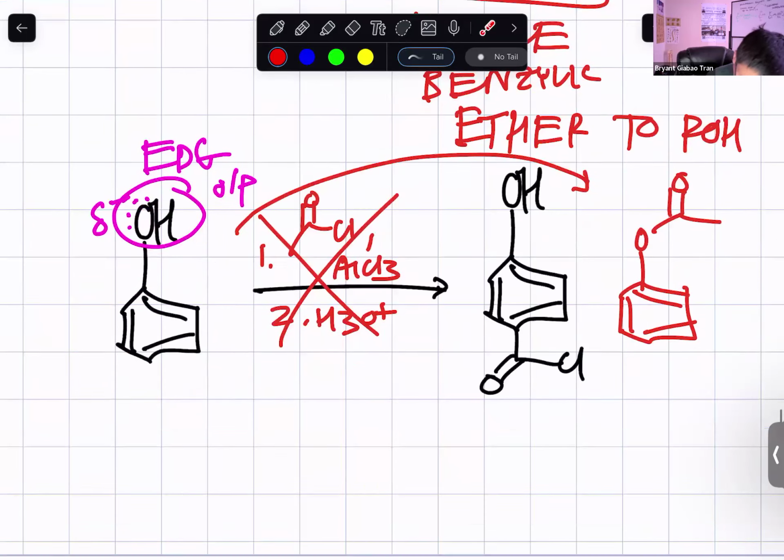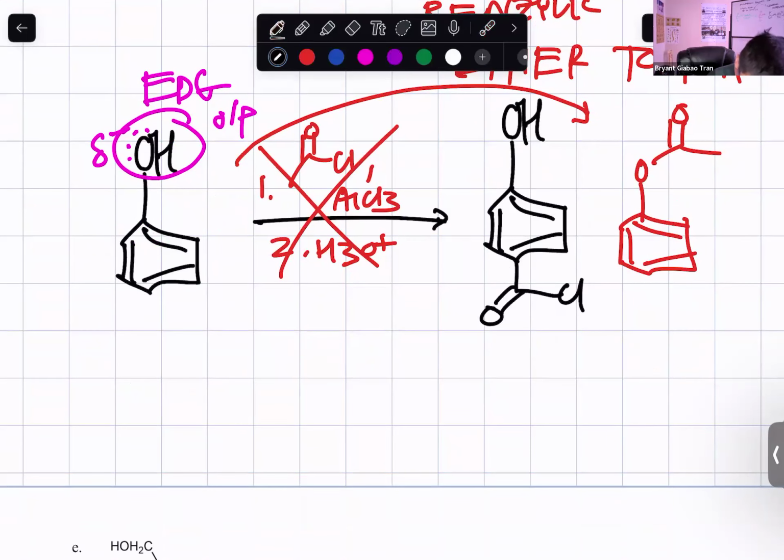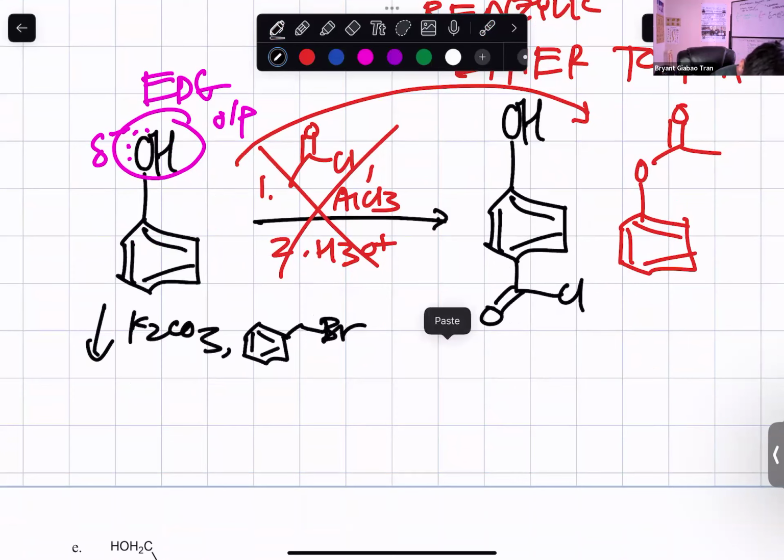So what we have to do is protect the phenyl alcohol, and we could do that by doing K2CO3, this leaving group, and then DMF solvent, which is going to give us this benzylic ether.